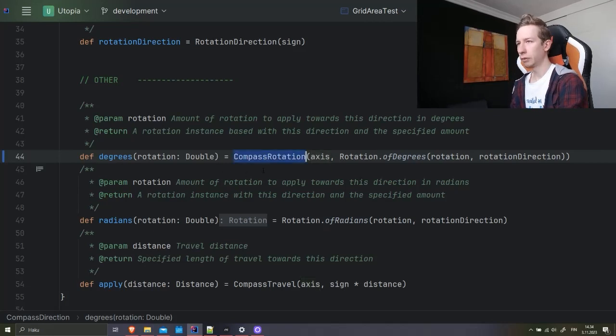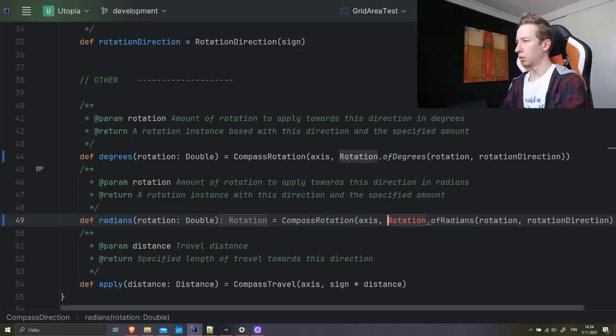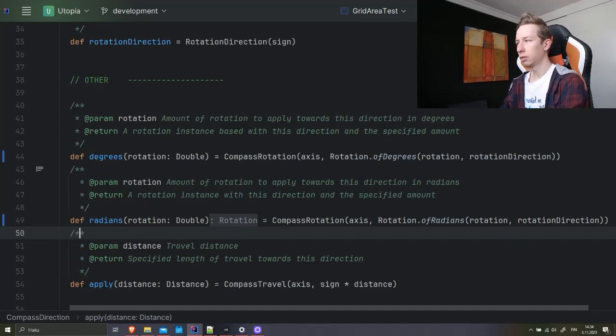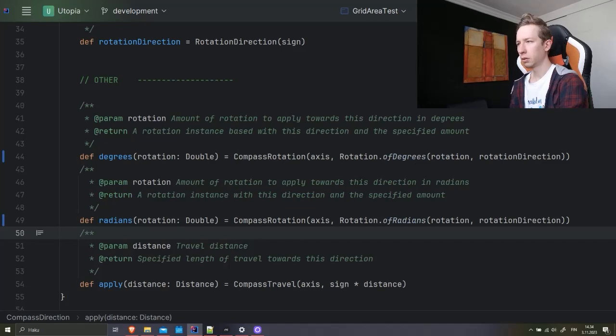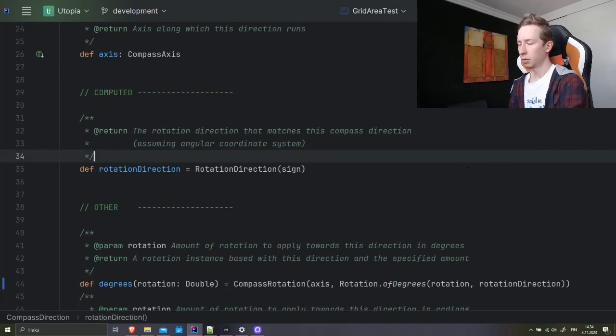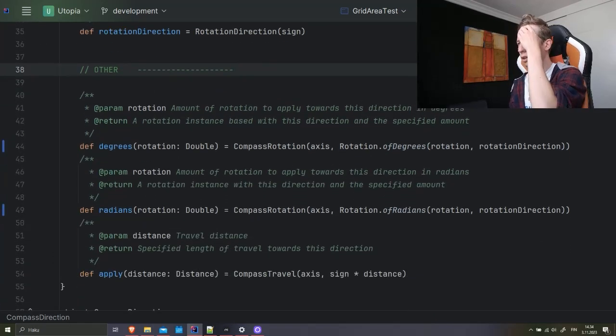I'm just refactoring, changing the return type so that it's more specific. We don't want to use rotation when we have compass rotation available to us. Then distance we have compass travel. So that's good. Of course, we might have to mark that in the documentation, but this Terra module is still kind of work in progress, so not gonna worry too much about breaking things.